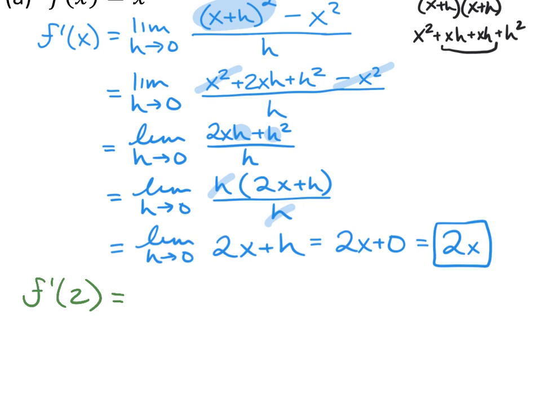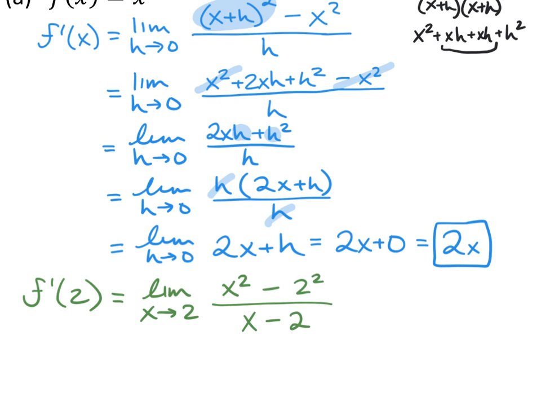It says f prime of a, or f prime of 2, is going to be equal to the limit as x approaches 2 for the function f of x, which is x squared, minus f of a, which means plug in a, or plug in 2, over x minus a, which in this case is the number 2.